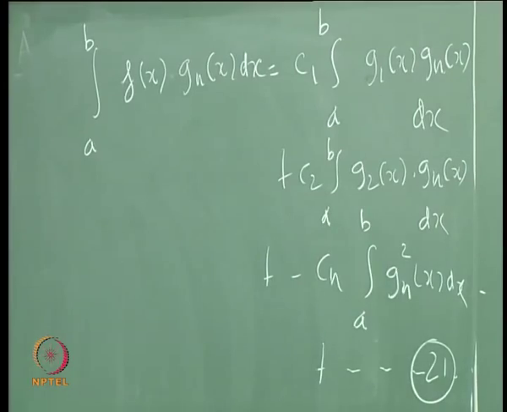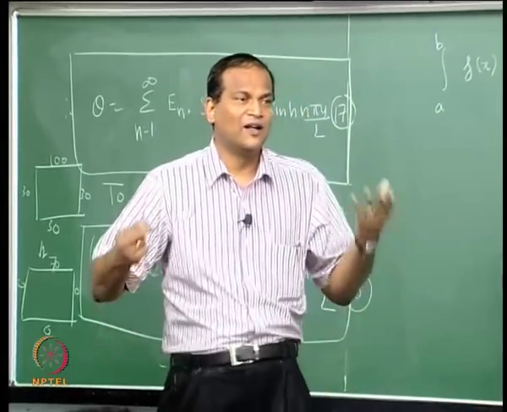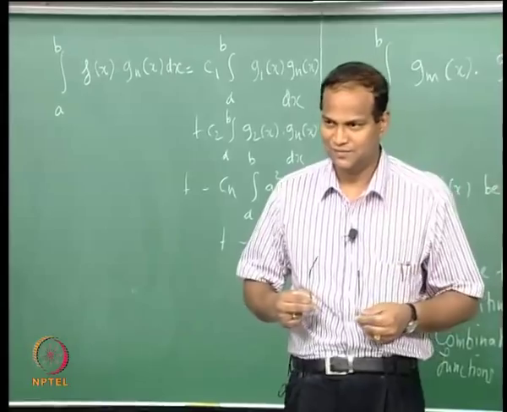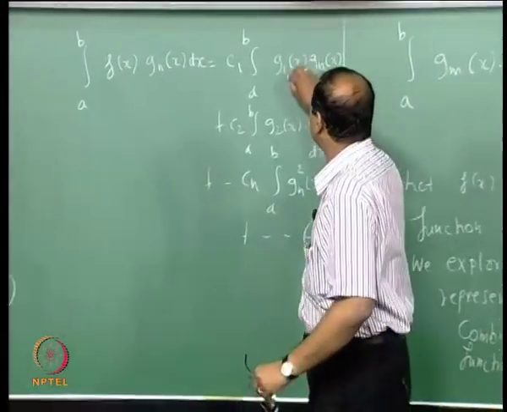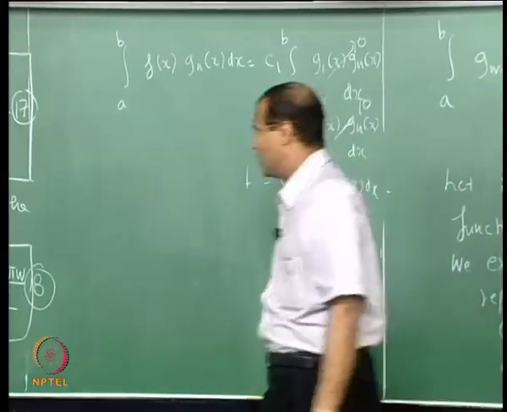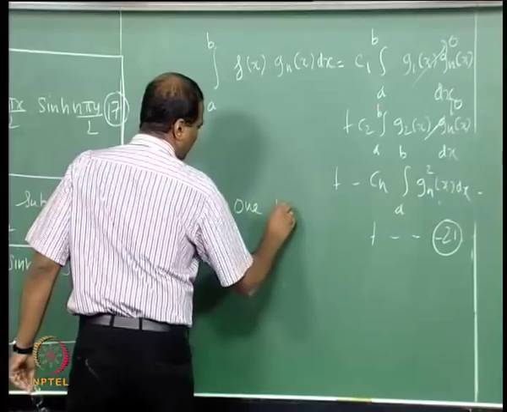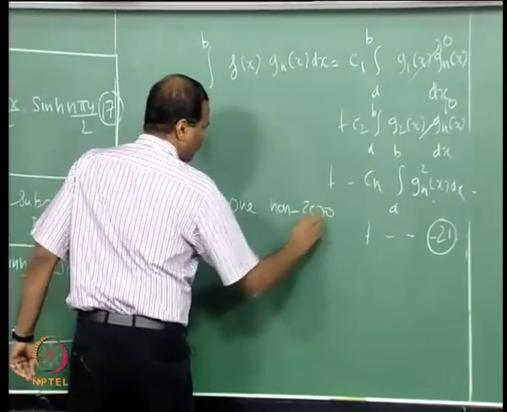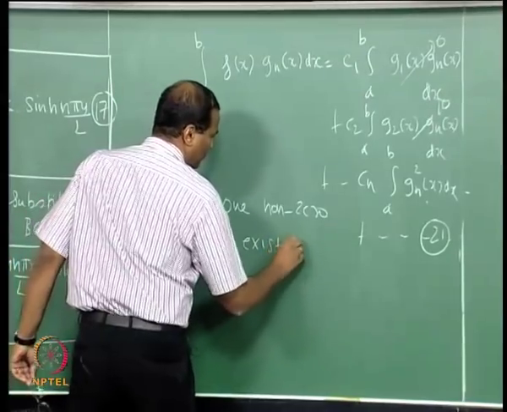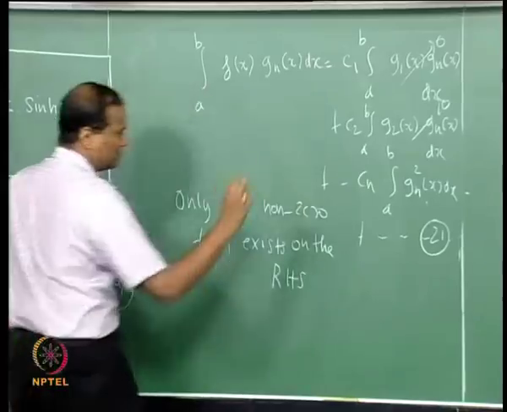It is the nature of that function, some functions satisfy that, and because they satisfy that, mathematicians have used it to our advantage to solve some equations. Okay, so this is 0, this is 0, everything is 0 except this, only one non-zero term exists on the right hand side.